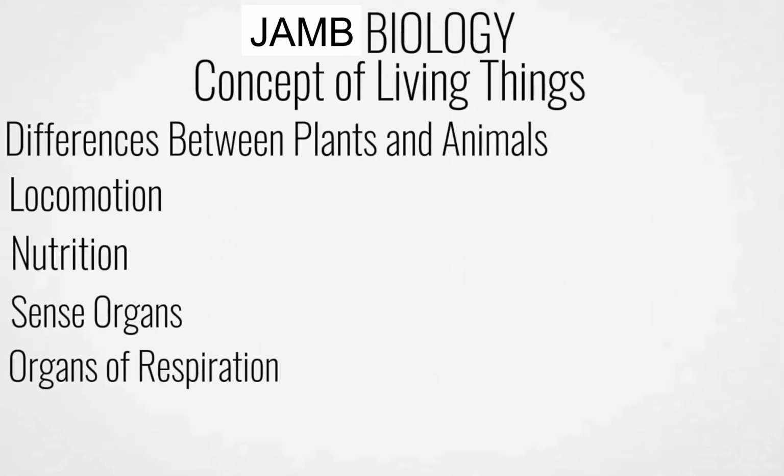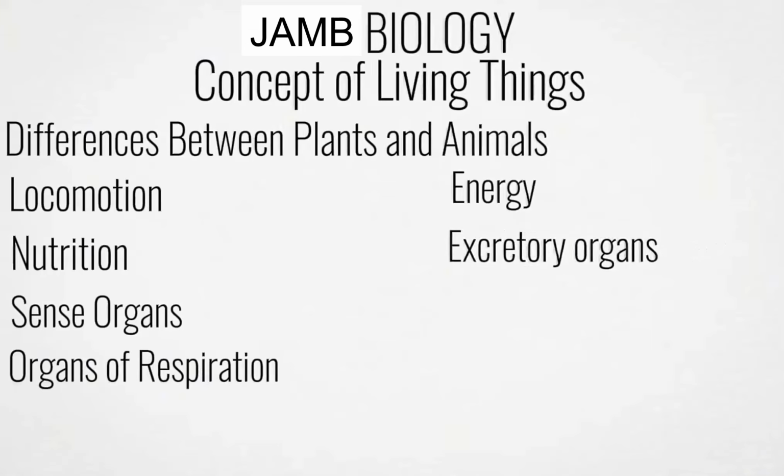Let's also consider energy in plants and animals. Plants are energy transforming organisms, hence they are anabolic, that is, they build up energy. Animals are energy spending organisms, hence they are catabolic, that is, they break down energy. Let's also consider their excretory organs.